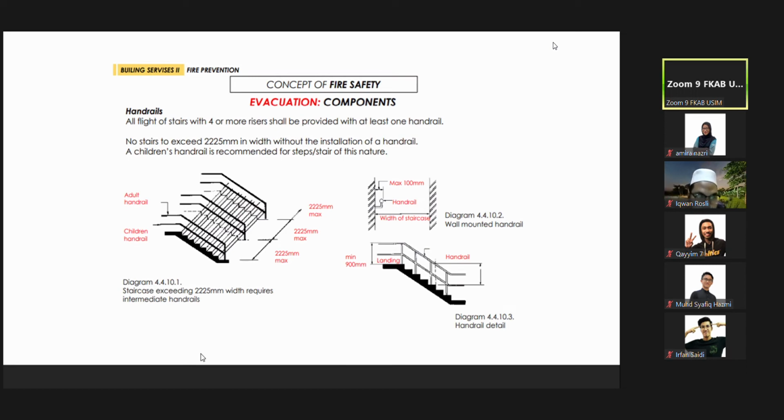Bomba will calculate the clear area here, not inclusive of the handrail. So it has to be clear. This is the number, 2,225 mm max. Okay. So you may see that you have to refer back to the bylaw, the section I told you earlier. Okay.